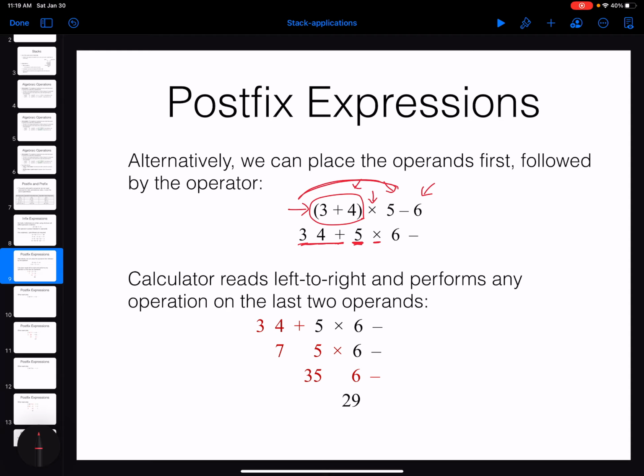Okay, so this is one of the operands and the other one is here. So far you have this operand and the rest is going to be the next operand and then the operator. So the result is going to be 3, 4 plus 5 multiply, 6 subtract. So how am I calculating this?